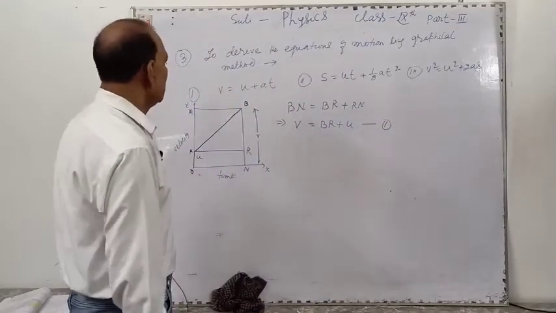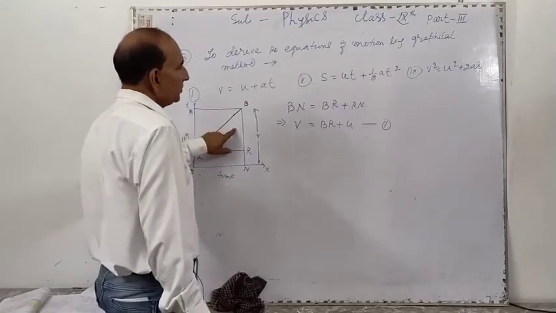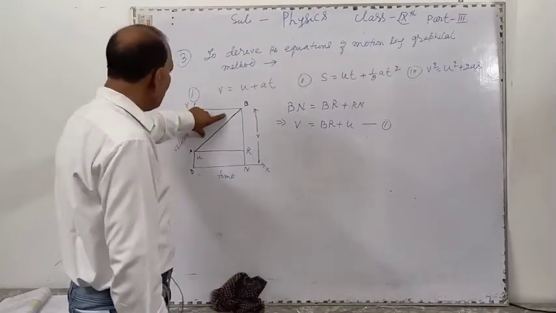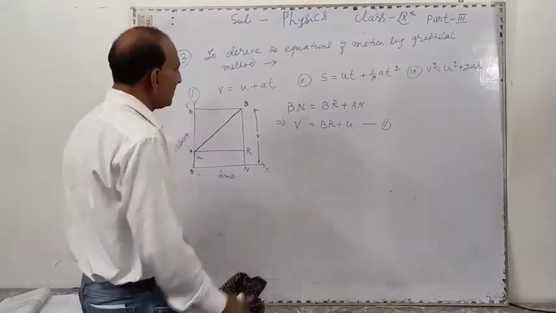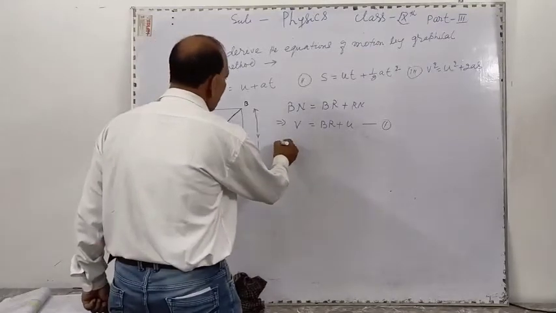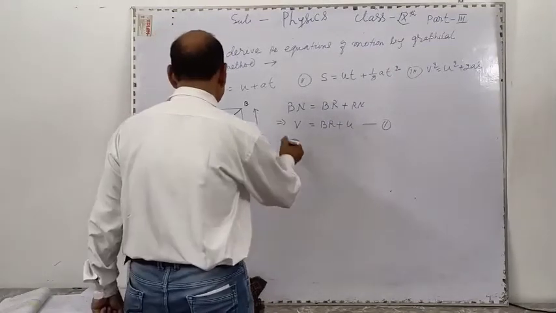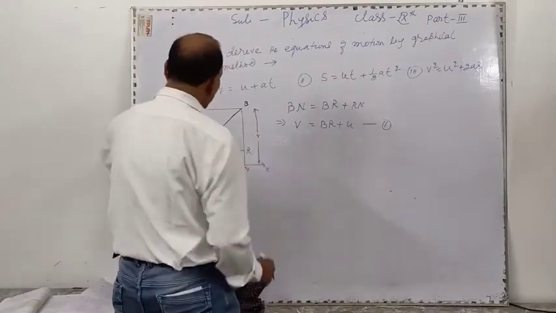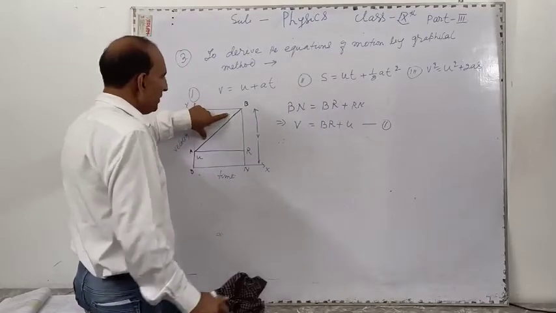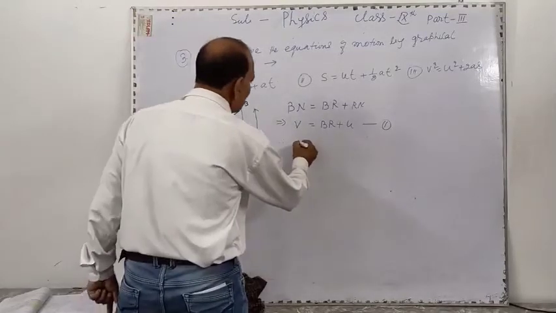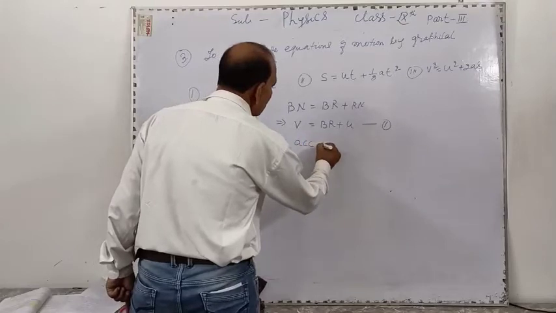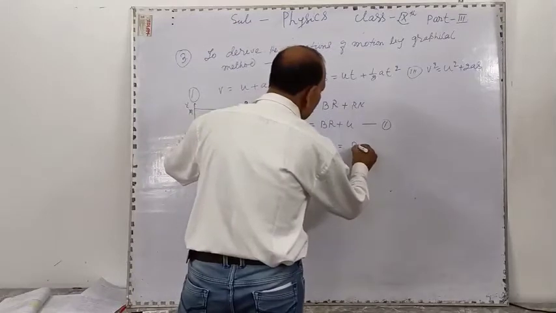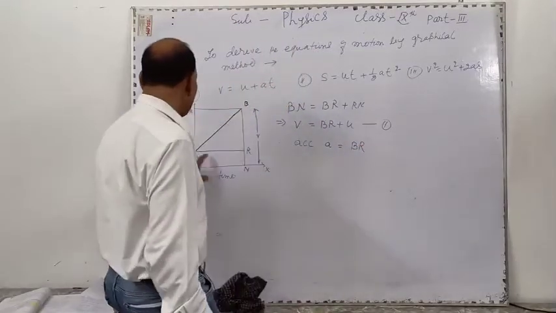Now we have to calculate BR. AB indicates the uniform acceleration. Now in triangle ARB, the slope of AB gives the acceleration, therefore acceleration a is equal to BR by AR.